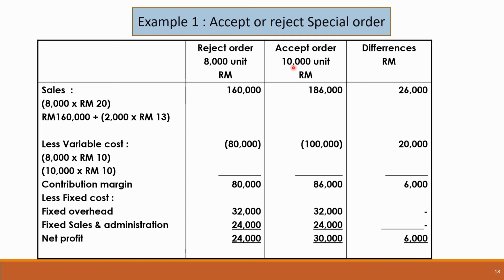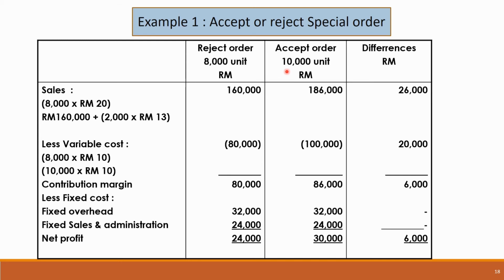And we have to calculate sales. For the first column, reject order, this is the calculation: 8,000 units given in the question times selling price RM20, and the sales for reject order is 160,000. And we have to calculate for accept order, that is 8,000 plus 2,000 extra units.